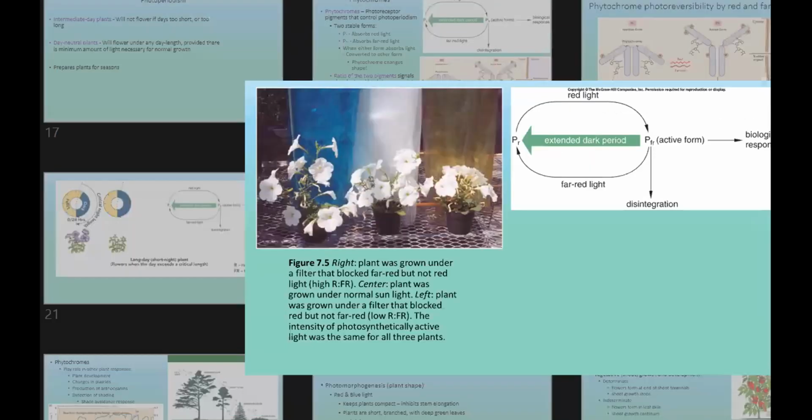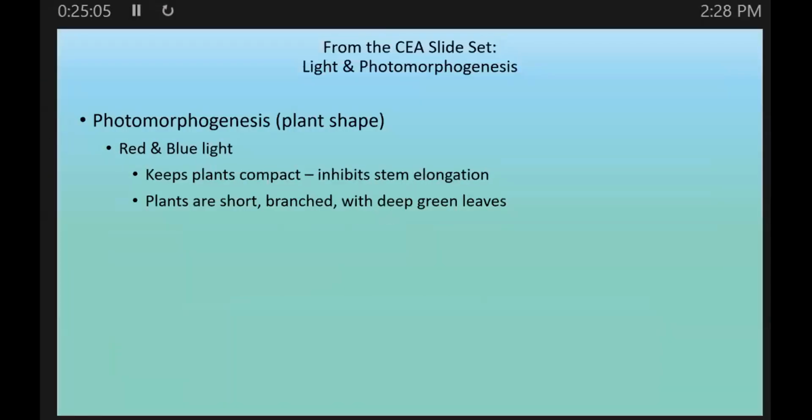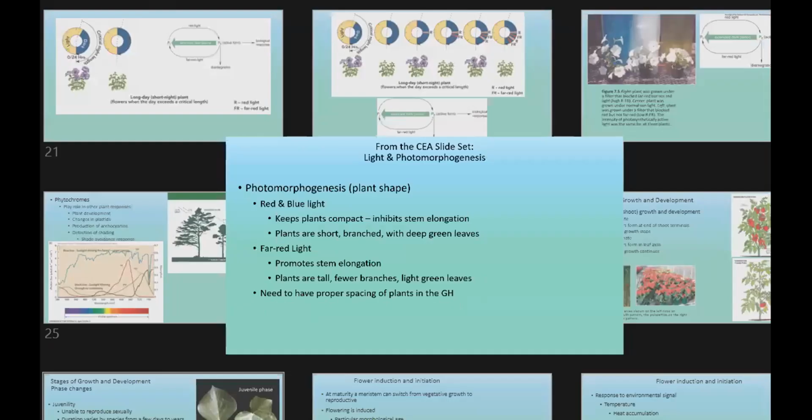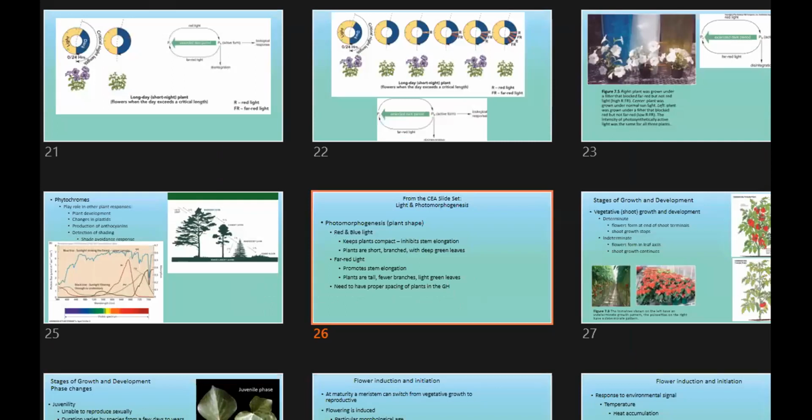So when you go back to that slide from the other slide set, remember I said far red light makes the stems elongate and there's fewer branches. Okay, so again, the quality of light, the type, and duration, all of that will impact the shape and design of the plant.